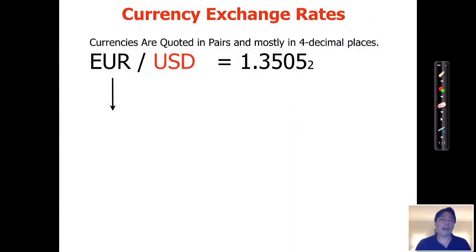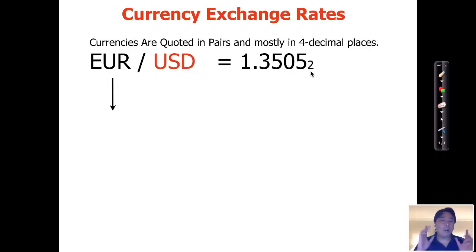So how do you read a currency quote? Again, currencies are quoted in pairs and mostly in 4 decimal places. So what you see here is Euro USD 1.3505.2. Okay.